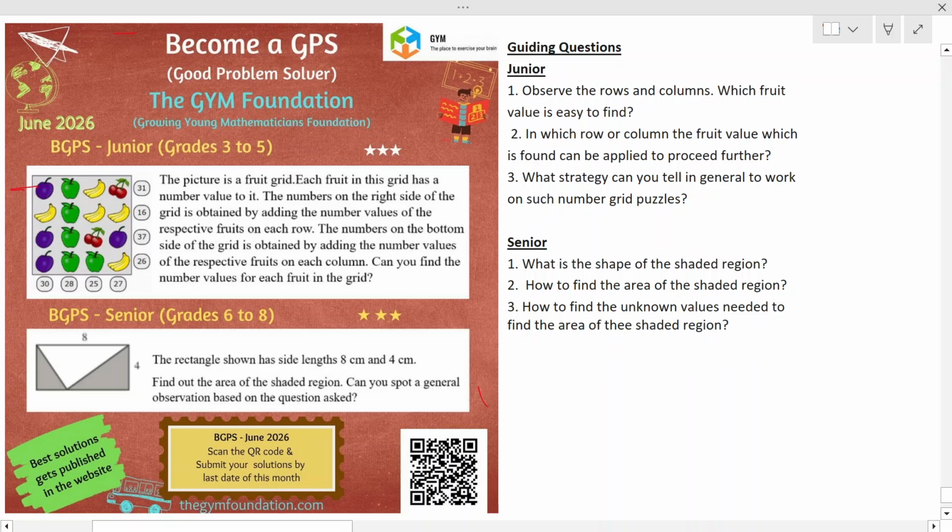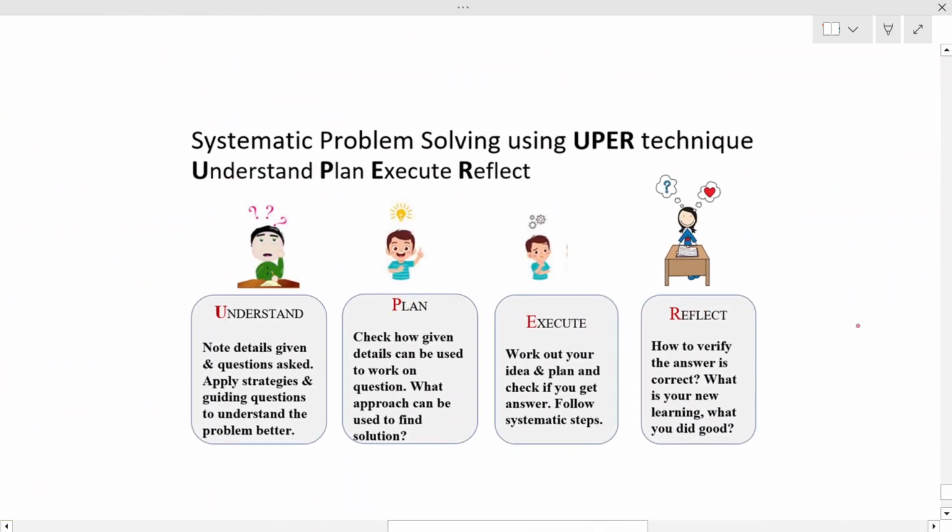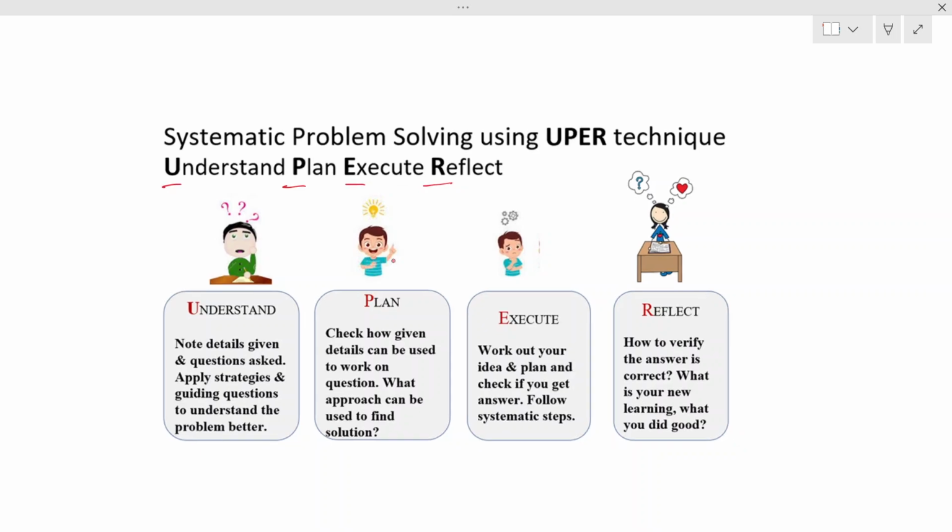So the art of problem solving can be cultivated in all children by following a systematic framework called the Cooper technique, which stands for understand, plan, execute, and reflect. There are many different ways that children can understand a problem.